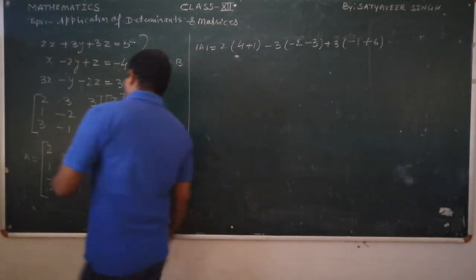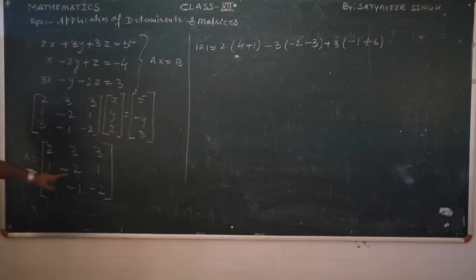See, once again I am cross checking this. 2 I have taken, multiplied this, minus 2 it is 4, this I have multiplied here, plus 1 we got, because 1 minus 1 already comes in the formula. So then minus 3 I have taken, this 2 I have multiplied, 2 into minus 2 into 1, and these 2 I have multiplied, then plus 3 I have taken. So this is minus 1 into 1, minus 1, and this is plus 6.